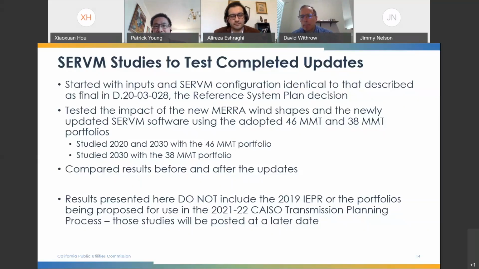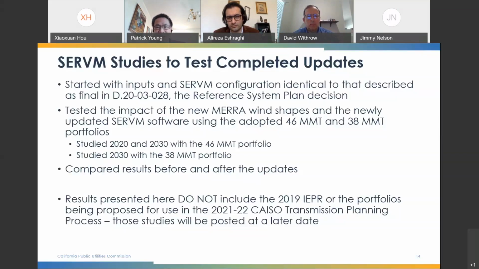We used the adopted 46 MMT and 38 MMT portfolios from the reference system plan decision to do these tests. We looked at 2020 and 2030 for the 46 MMT portfolio, and we also looked at 2030 for the 38 MMT portfolio. And we compared results before and after we executed these updates.